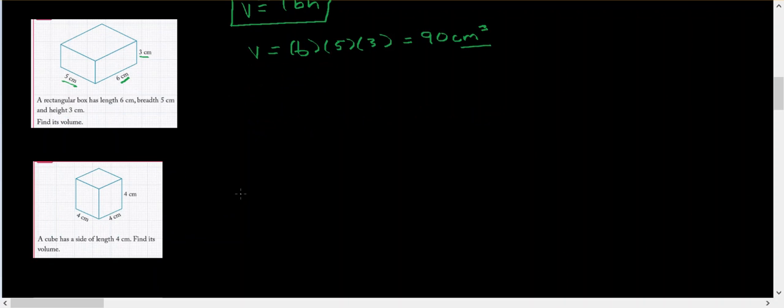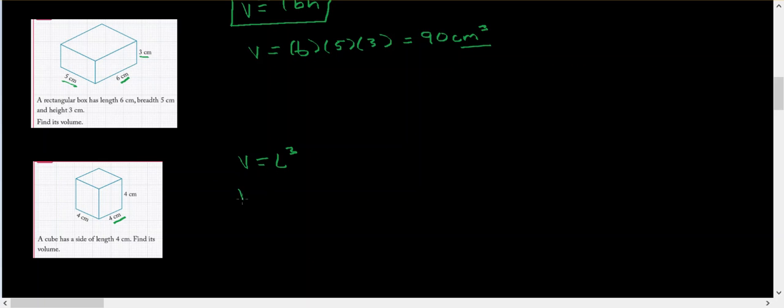Again, this is another type of question, very similar, except you're just dealing with a cube. A cube has a side length of 4, so its length is 4. Find its volume. If we remember, the volume of a cube is equal to length cubed.